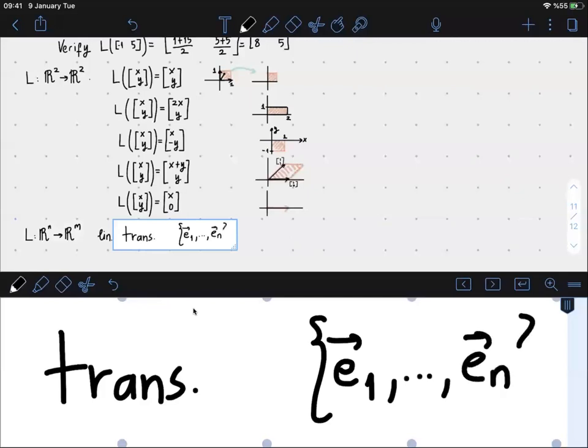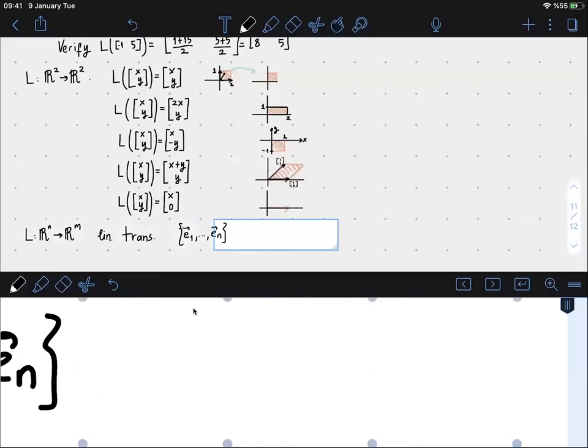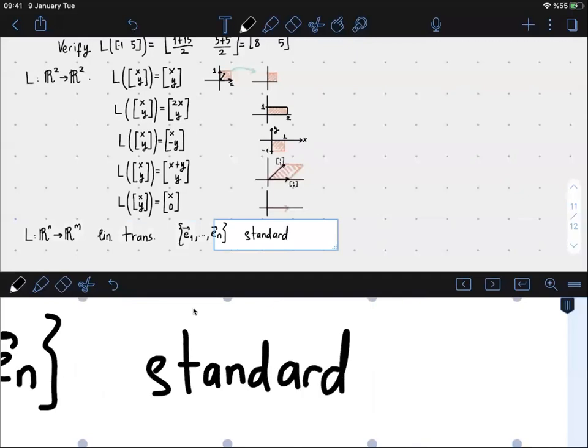What is the natural or the standard basis? Sometimes we call this natural basis. The first one is 1, 0, 0, 0, 0. The second one is 0, 1, 0, 0, 0, 0. The third one is 0, 0, 1, 0, 0, 0. If it was R cube, it will be 1, 0, 0, 0, 1, 0, and 0, 0, 1. Those vectors are the natural basis.